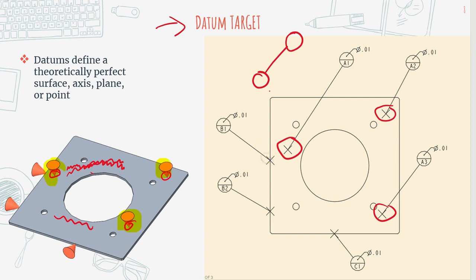And then these 2 points here, well, that's going to be, these guys. And then finally, your last point here, well, that's going to be this guy. So you can see how you define it on the drawing, and how that physically translates to define your datum reference frame here on the physical part itself.